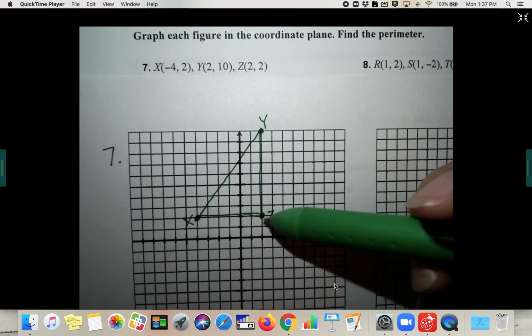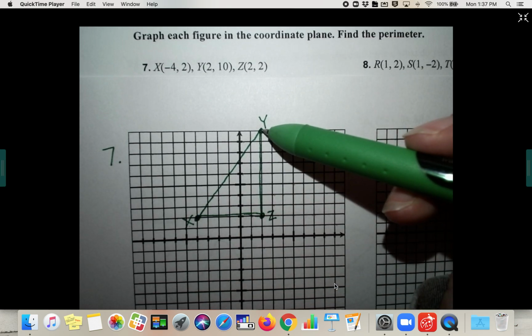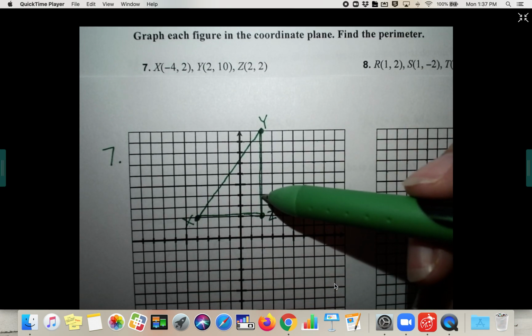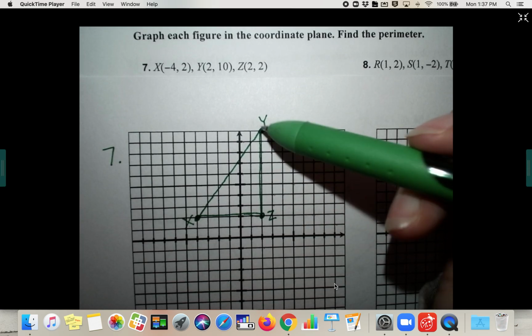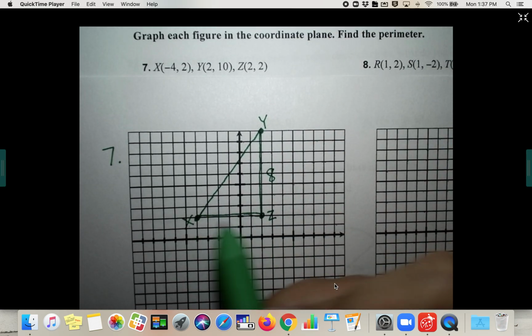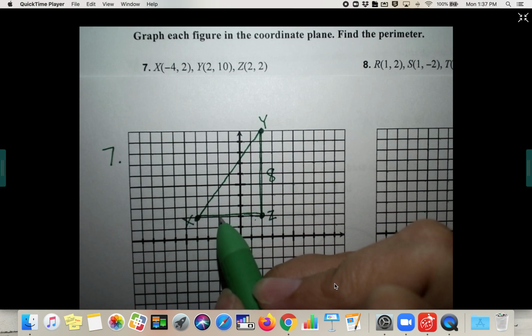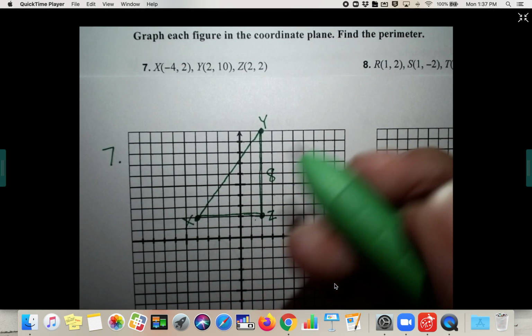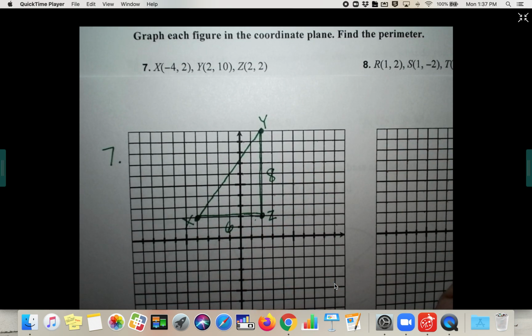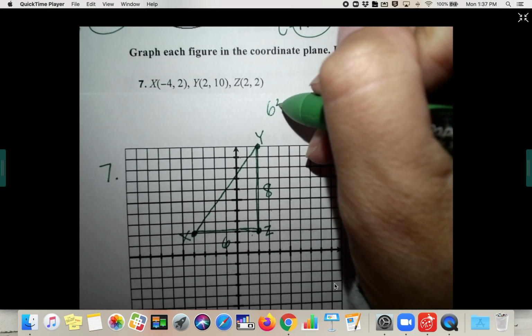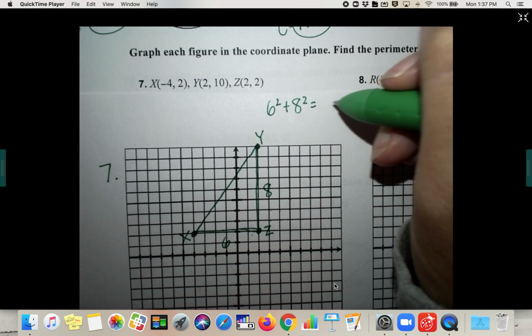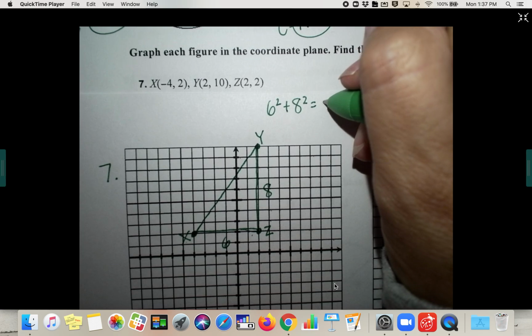So let's do the legs. So the legs from Y to Z are 1, 2, 3, 4, 5, 6, 7, 8. And the leg XZ is 1, 2, 3, 4, 5, 6. So it's 6 and 8. So you've got 6 squared plus 8 squared equals C squared.